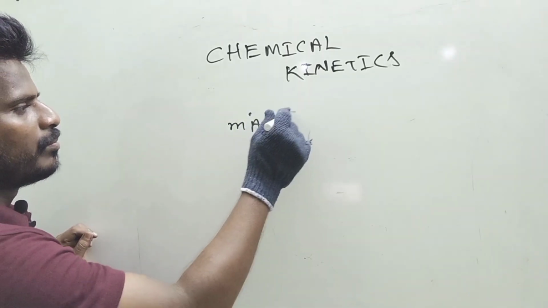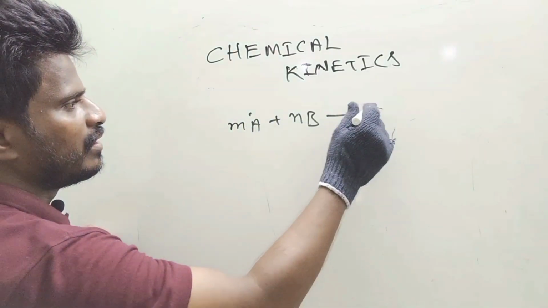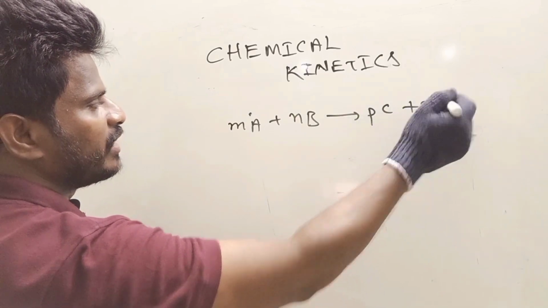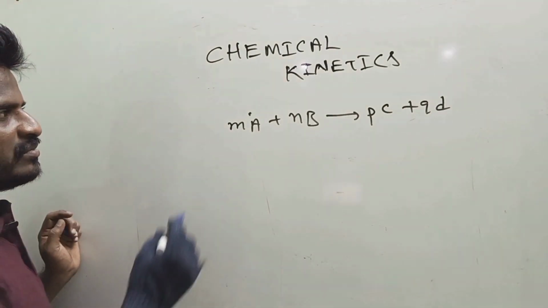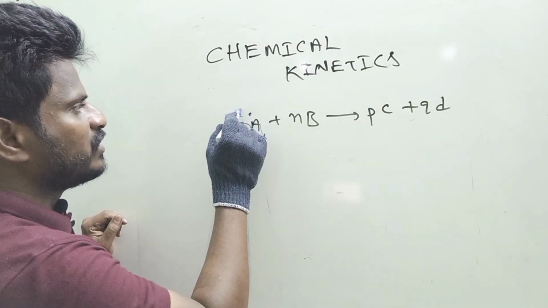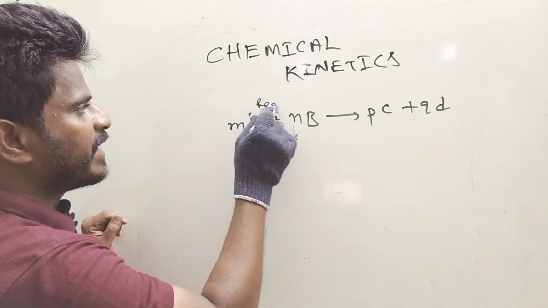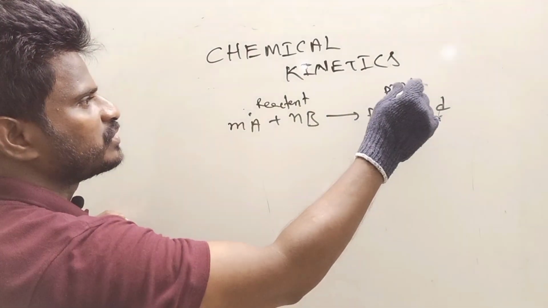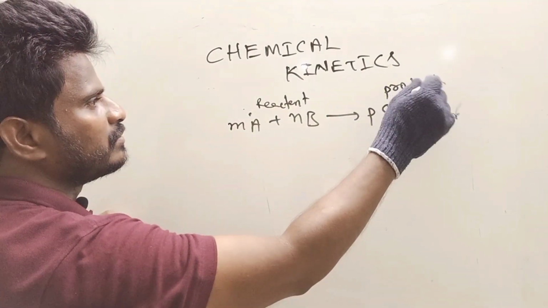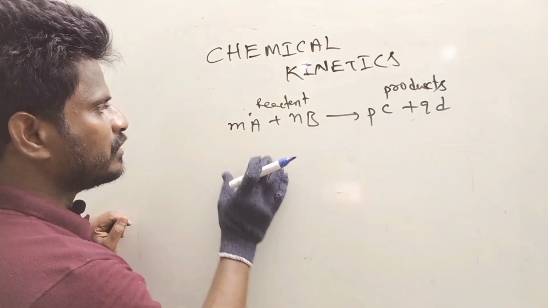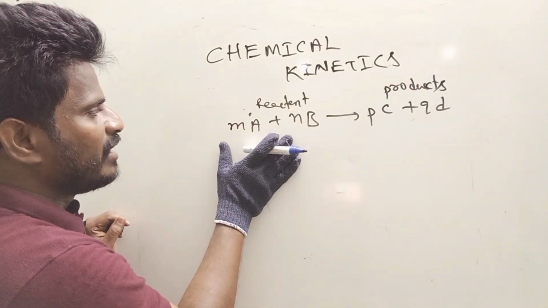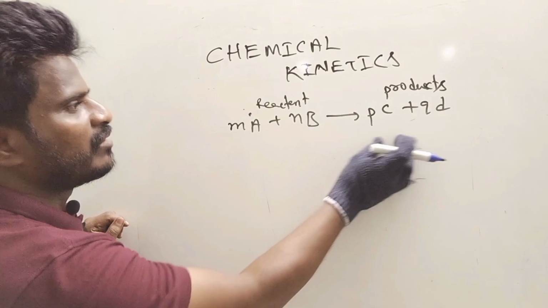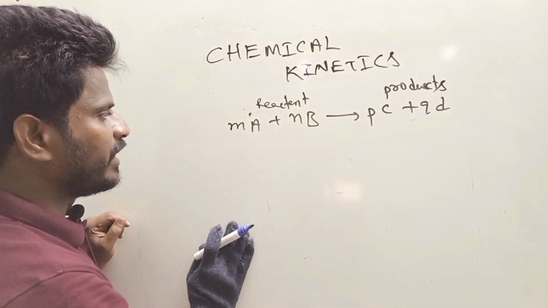mA plus nB gives rise to pC plus qD. Here you observe these two terms are reactants and these two terms are products. So in the chemical equation, the reactant concentration decreases and the product concentration increases.